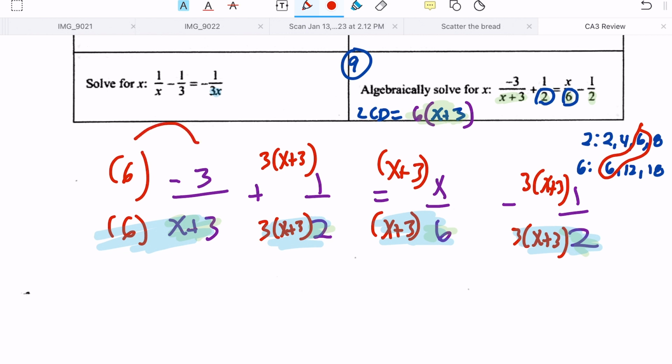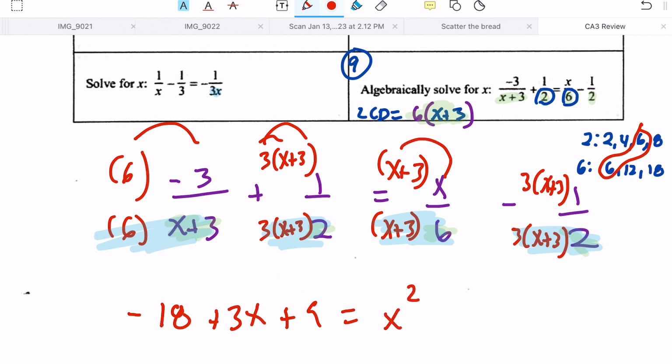So 6 times -3, that's -18. 1 times that, well, that's going to be the same thing. So that's 3x. 3 times 3 is 9. Okay, this is going to be x times x, that's x squared. X times 3, that's 3x.